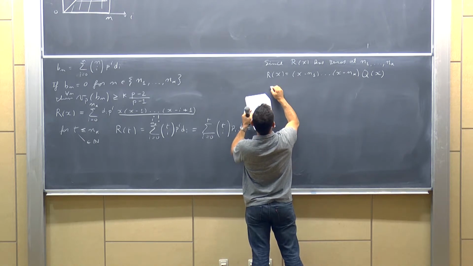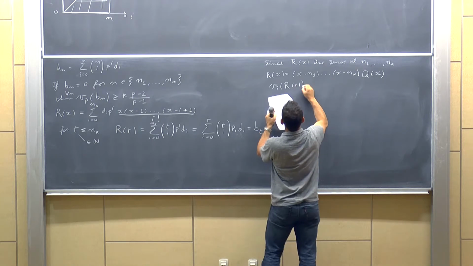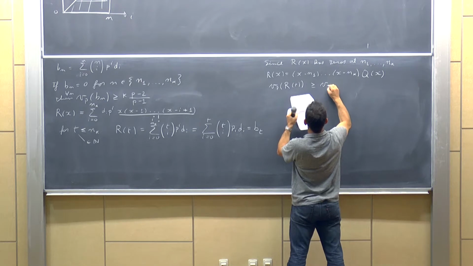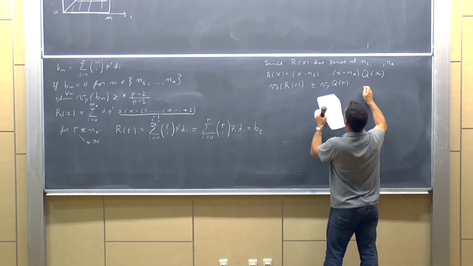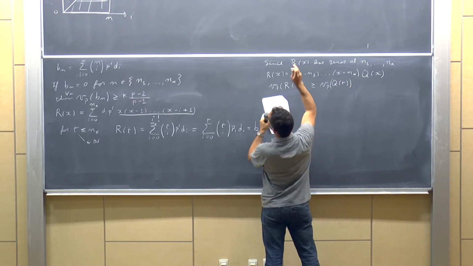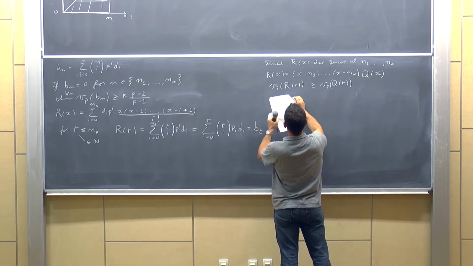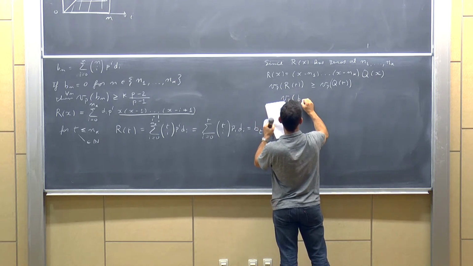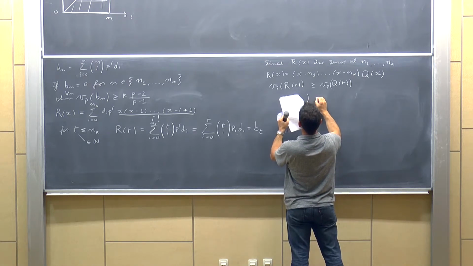for some polynomial, and therefore the p-adic valuation of r of t is greater or equal to the p-adic valuation of q of t, and by the theorem that I've now erased, we have that the p-adic valuation, therefore, of b_t, which is r of t, let me get this right.